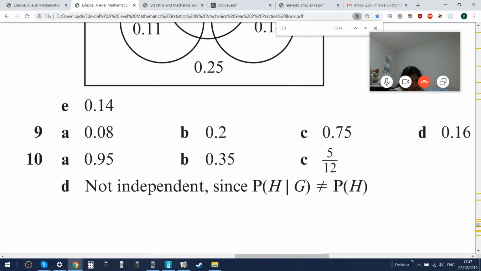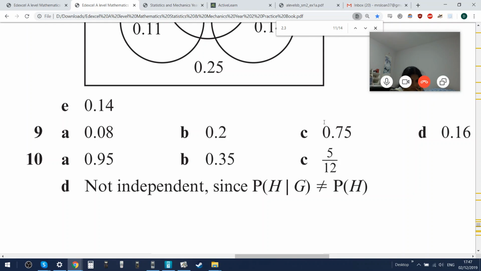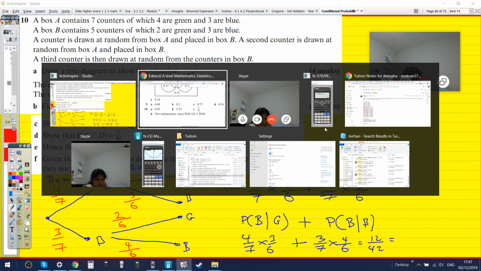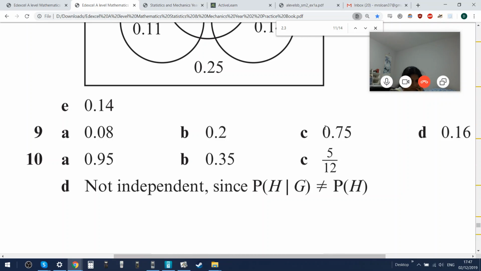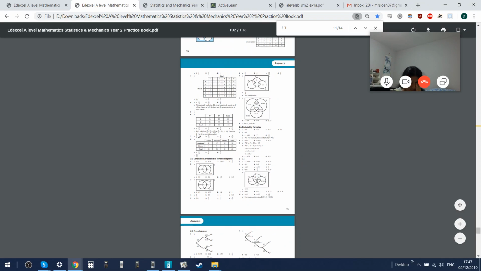So this is question 9, is it not? So 10D. Oh, it's question 10. C, 0.75. Hang on a sec. I don't think it's the right question.